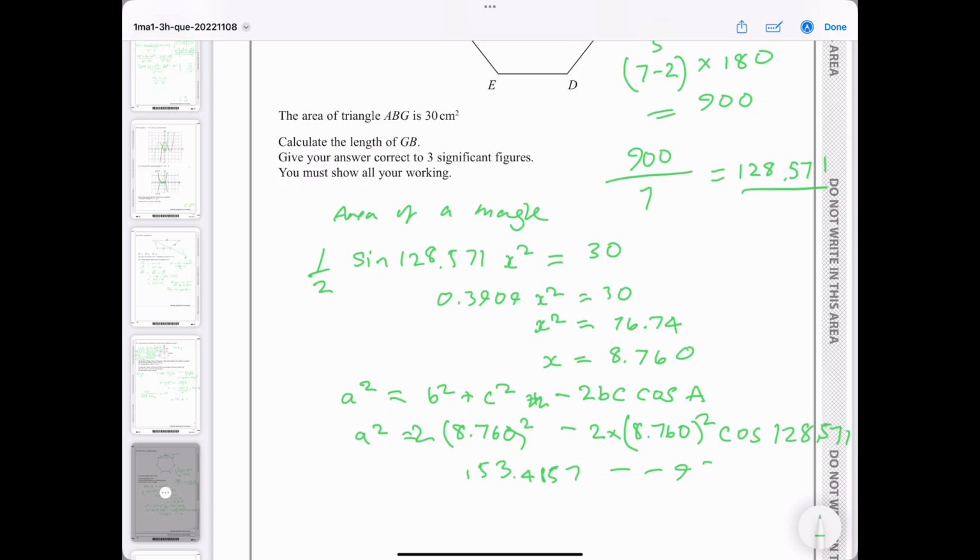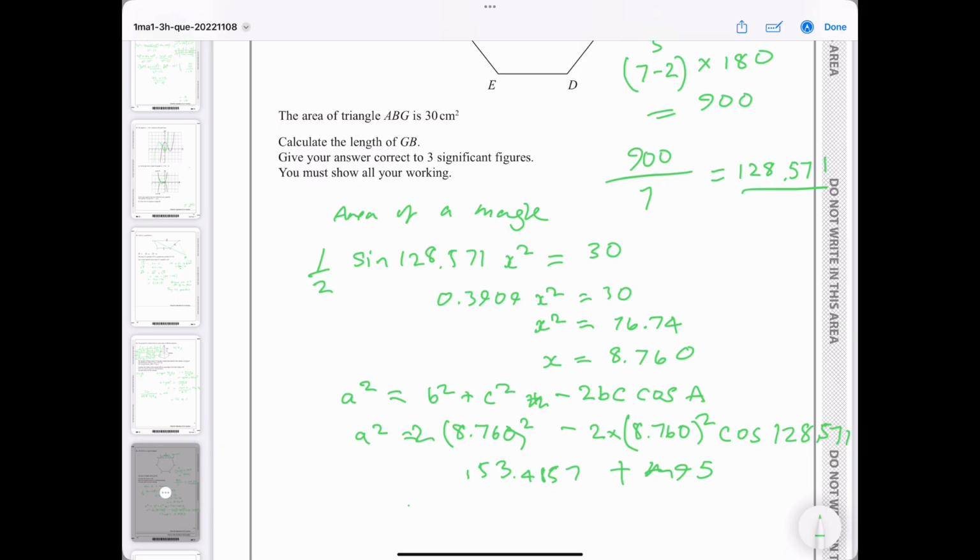Oh yeah, I suppose it is actually minus 95, so that's actually a plus. So let's go times minus 1 equals, and then plus 153.41, whatever that is. I can't actually read it.